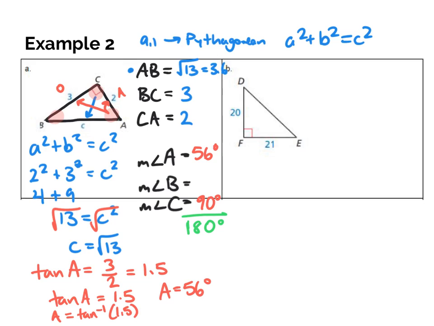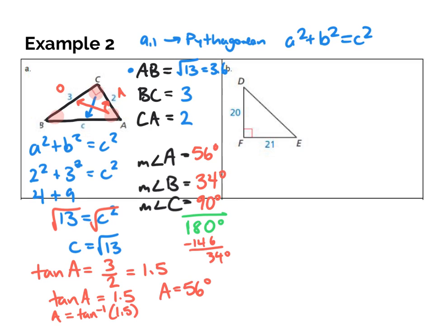So I take 90 and 56 and add those two angles together, which gives 146 degrees. To find the third angle, I take that 146 and subtract it from 180, and that gives me 34 degrees. So angle B is 34 degrees.